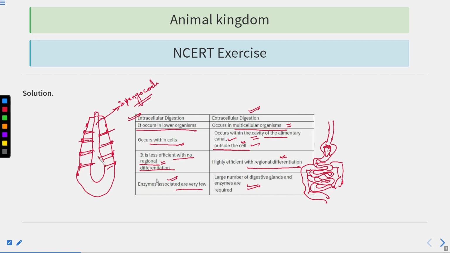The dissolved oxygen also reaches there. Now the inner lining of the spongocoel has a special type of cell called collar cells. Now what do these collar cells do? They take the foodstuff inside their cells, and there the digestion process occurs. So here the food is taken inside the cell. But in extracellular digestion, the food is not taken inside the cell, the digestion occurs outside the cell. Very, very important.